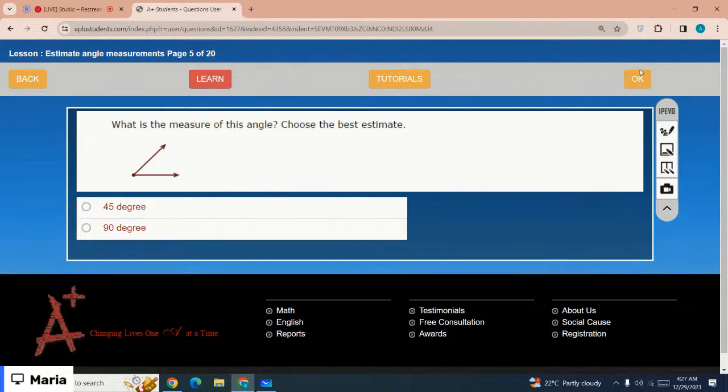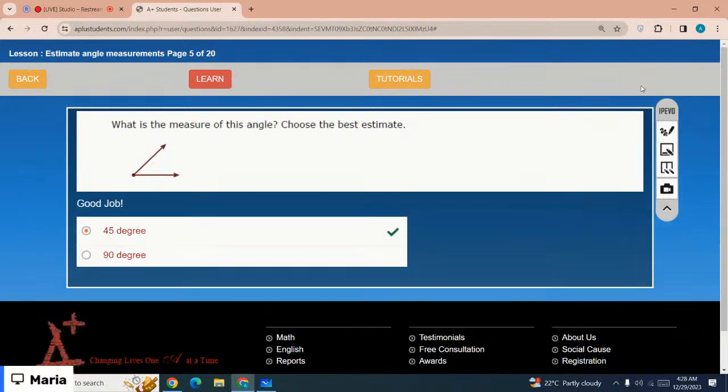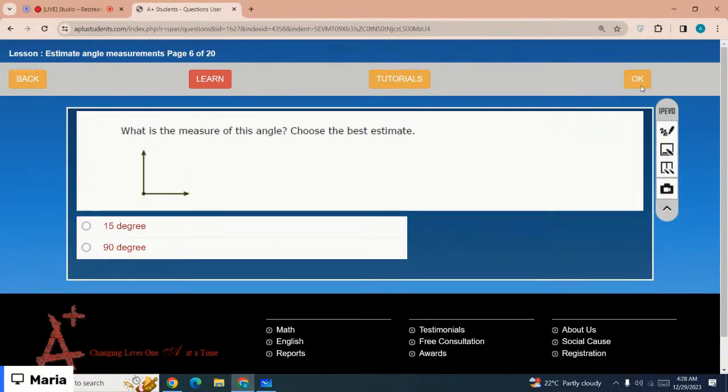What is the measure of this angle? Which is the correct option? The correct option is, yes, 45 degrees. Very good. The correct option is 45 degrees. What is the measure of this angle? 15 degrees, 90 degrees.